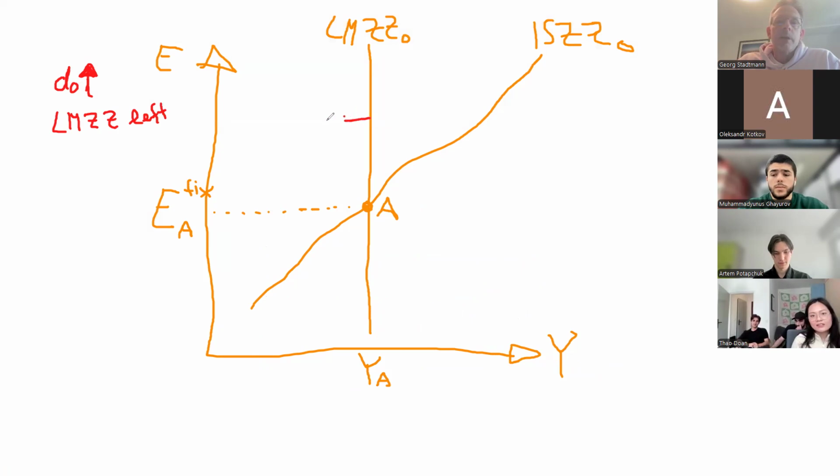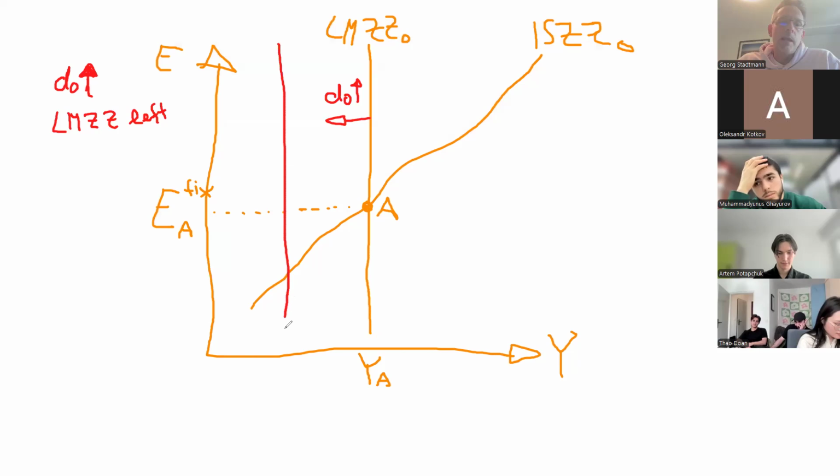Okay, let's incorporate it in the graph. D0 increases. Therefore, the LMZZ curve shifts to the left. We would get a new equilibrium here in point B in case that we are in a floating exchange rate system. An appreciation of the domestic currency would occur.